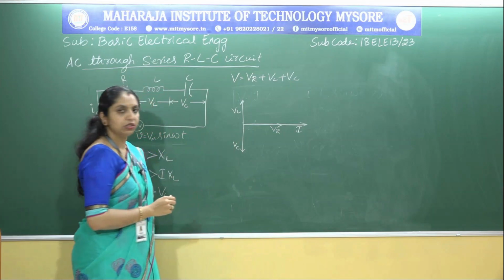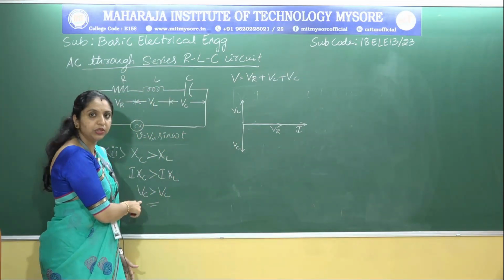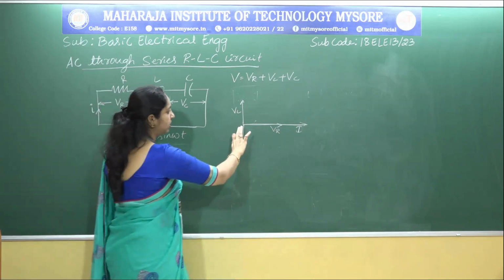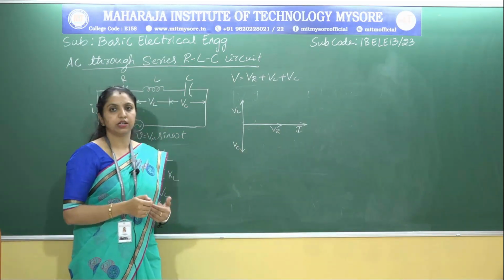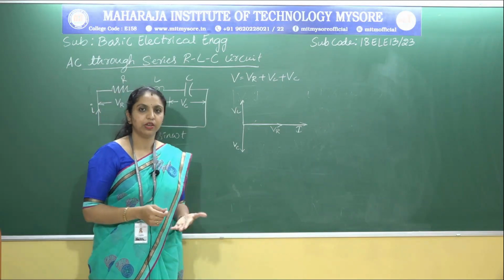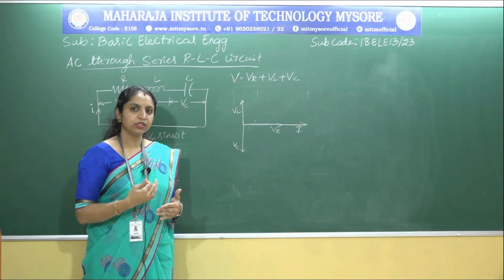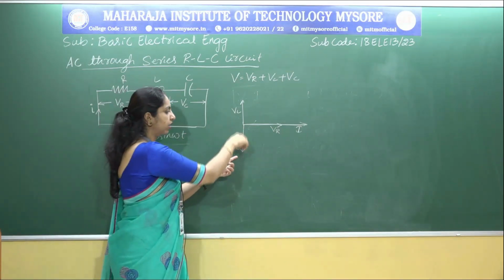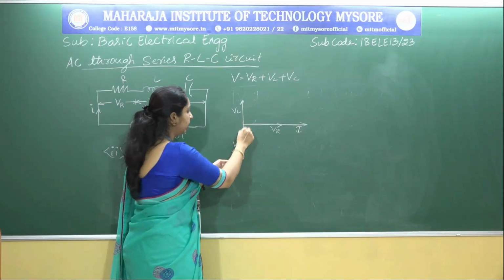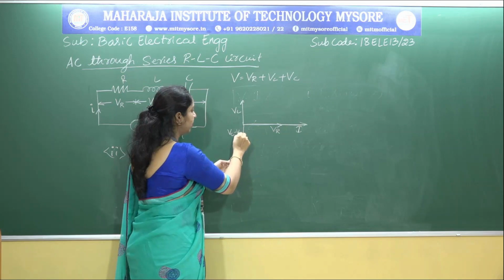And here we have VC. Remember we have the condition VC greater than VL. As I have already indicated, the resultant of VC and VL will be directed towards VC, in the direction of VC. So now we can have this portion as VC minus VL.